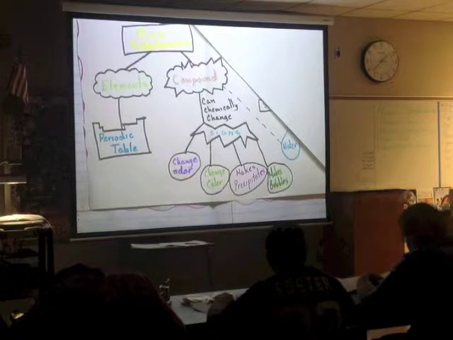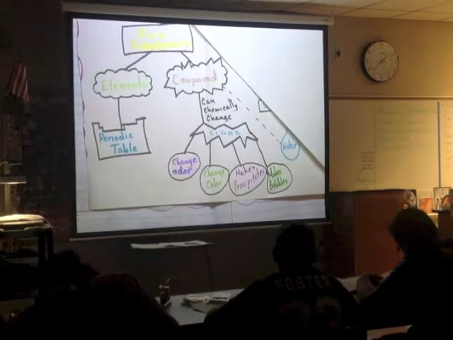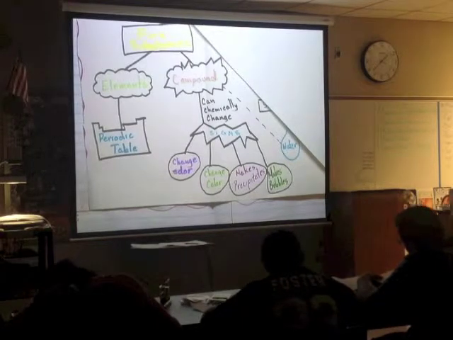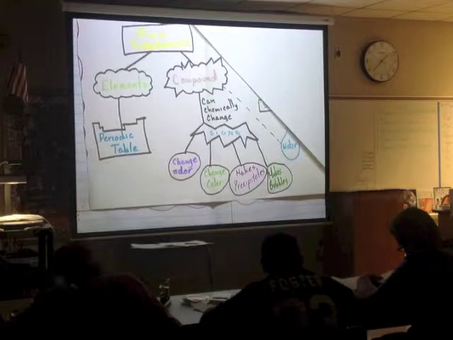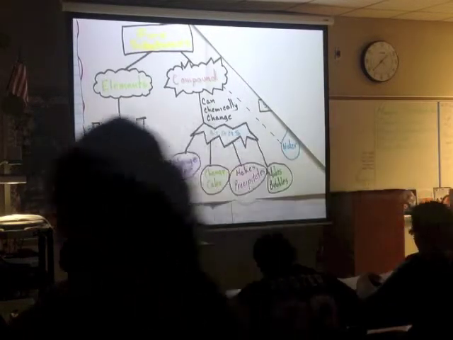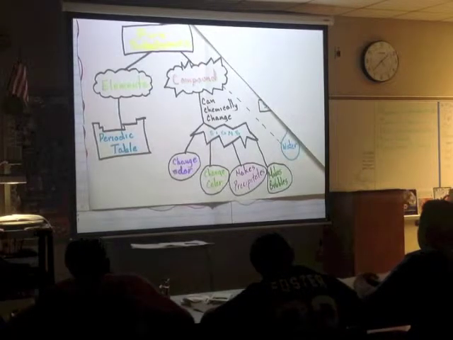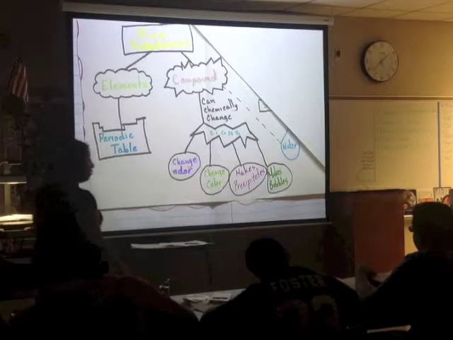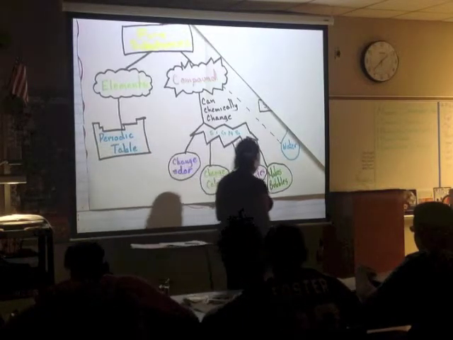So if we look at chemical changes and their signs, we know that sometimes they change the odor. If you leave trash out for a long period of time, doesn't it start smelling? Yeah. It starts smelling because there's chemical changes occurring. It's rotting, right? Once it rots, can it unrot? No, it's a chemical change.